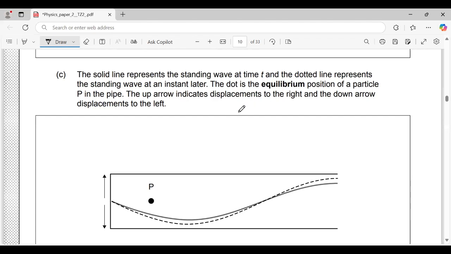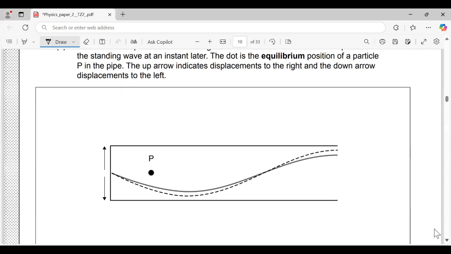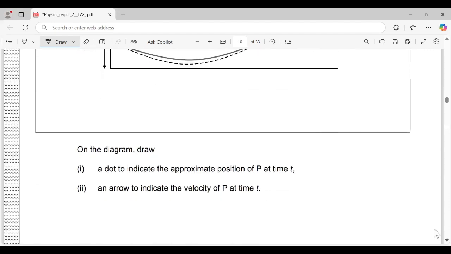The up arrow indicates displacement to the right, and the down arrow displacement to the left. On the diagram, draw a dot to indicate the approximate position of P at time t.